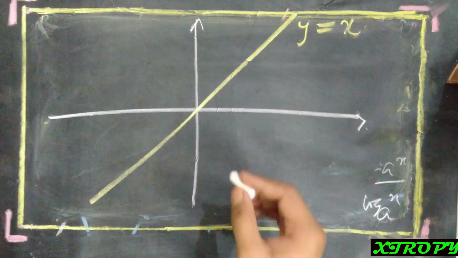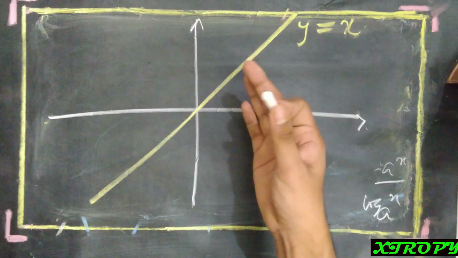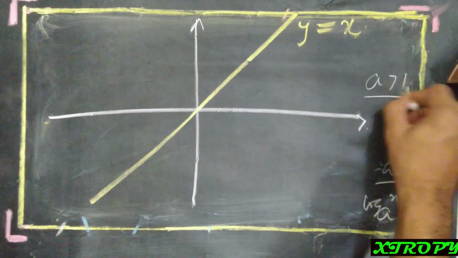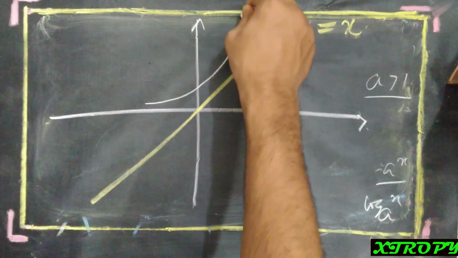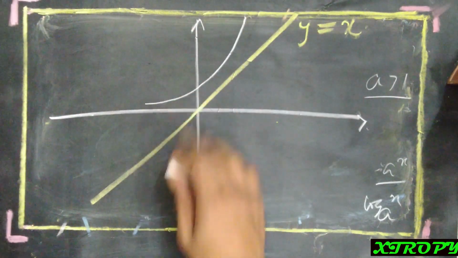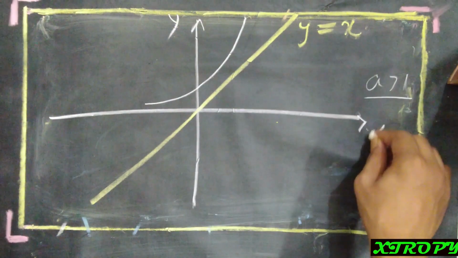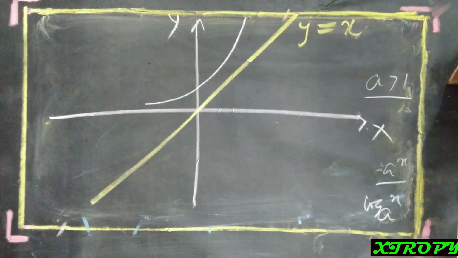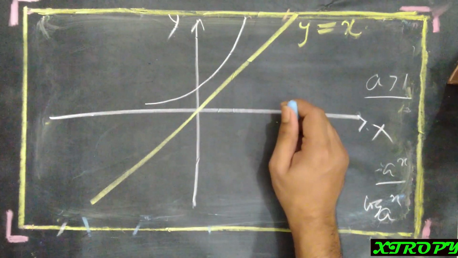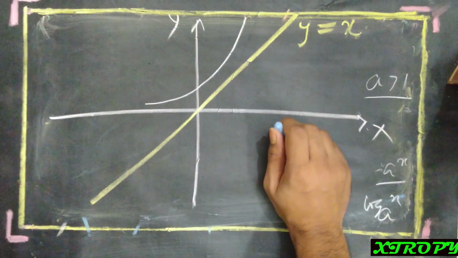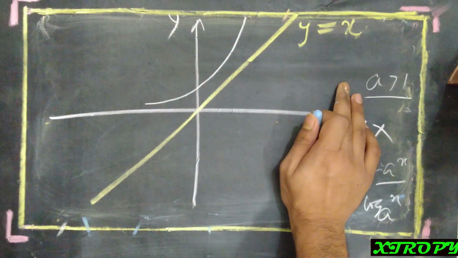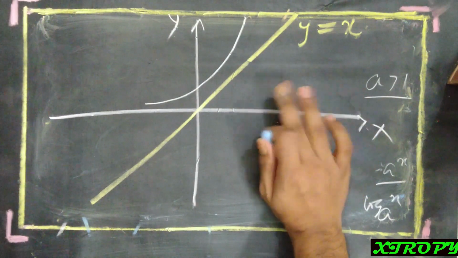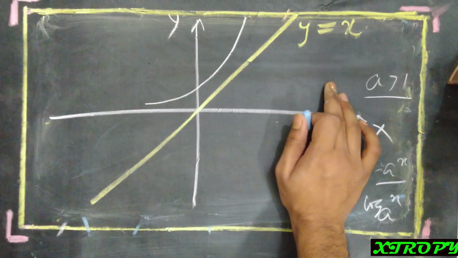Now let us draw the graph of a power x. I am taking the case when a is more than 1. So the graph is something like this, right? This is your y-axis, this is the x-axis of course. As I told you, the exponential function and the logarithmic function are inverses of each other, and I have shown you the reason, that the domain and range are interchanged.